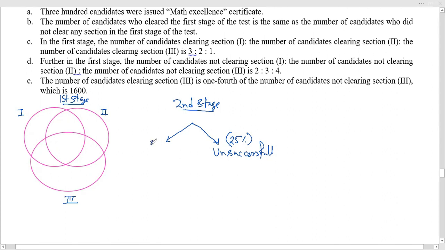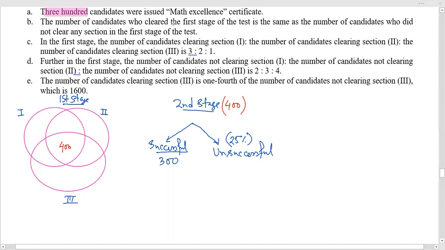So this is successful, and this is nothing but 300 candidates. As these 300 candidates are successful and it is 75%, the whole is definitely 400, and the second stage was given as 400 people. Once it is 400, I have already received the data that 400 people cleared all three sections. This is clear from that 300 data.